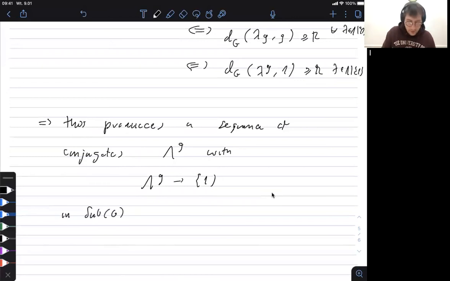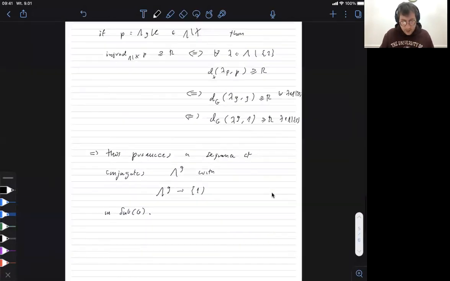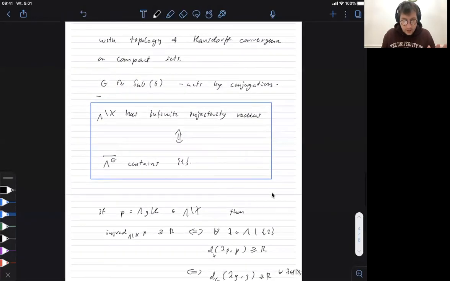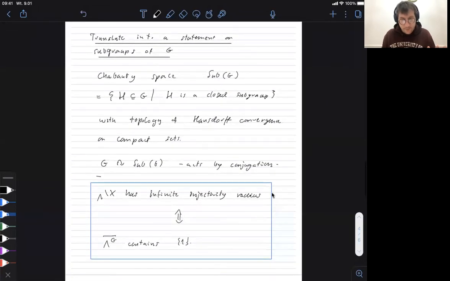Okay, so I'm very close to being out of time. Nothing much happened in this translation, but what we'll do next is prove some facts about the dynamics of this action of G on the space of subgroups, which fall under the territory of, you can say, measured group theory.